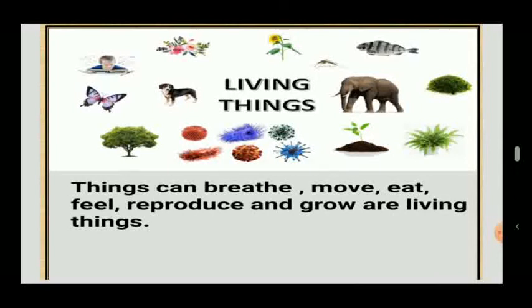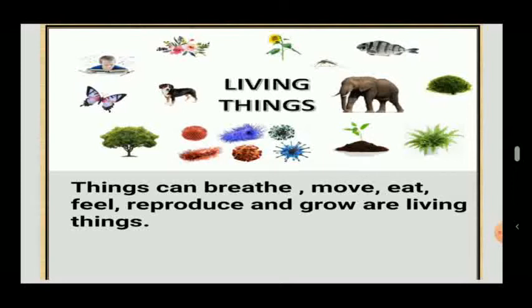Things that can breathe, move, eat, reproduce and grow are living things. Here you can see fish, elephant, plants, dog, butterfly, other plants, different types of trees, all are living things.